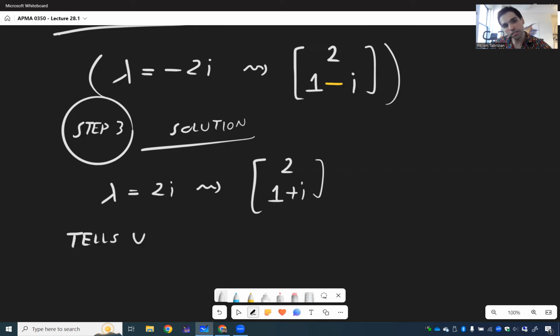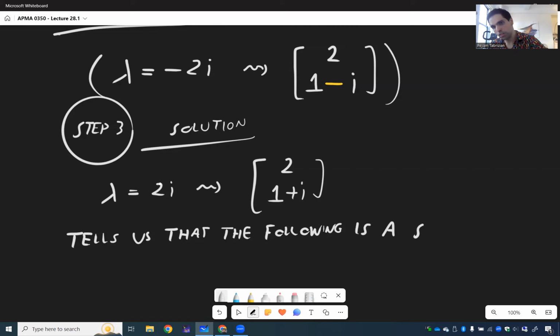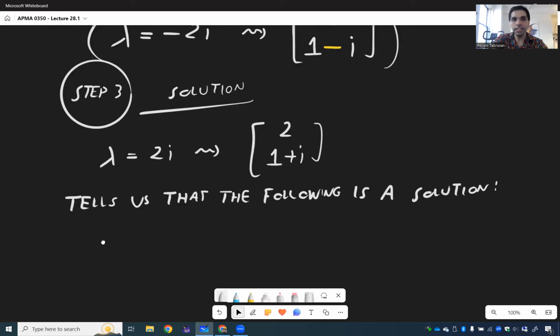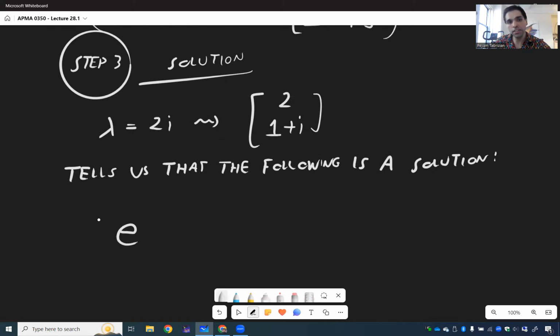So the following is a solution: e to the 2it times (2, 1 plus i).